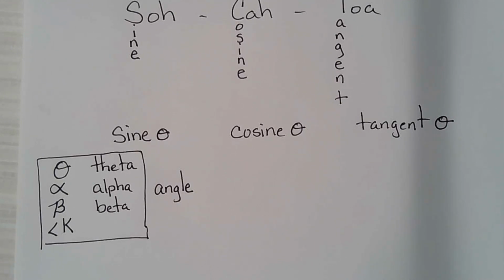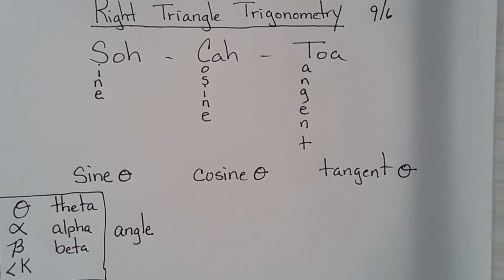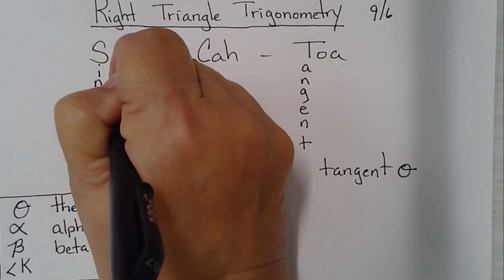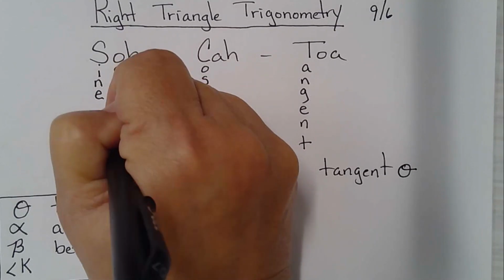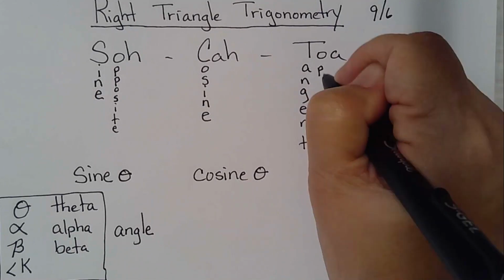All right, so then this acronym SOHCAHTOA has O's and H's and A's in it, and those have meaning. The O stands for opposite in both places, in the beginning, and this O over here also stands for opposite.